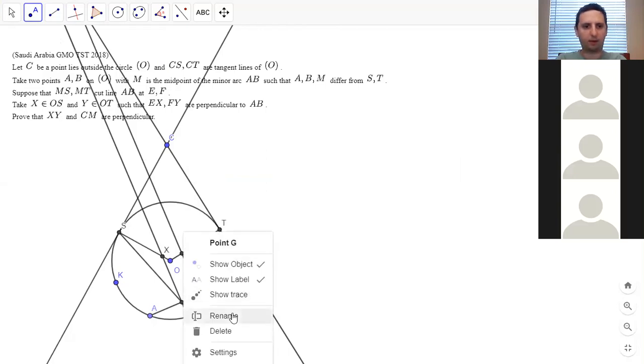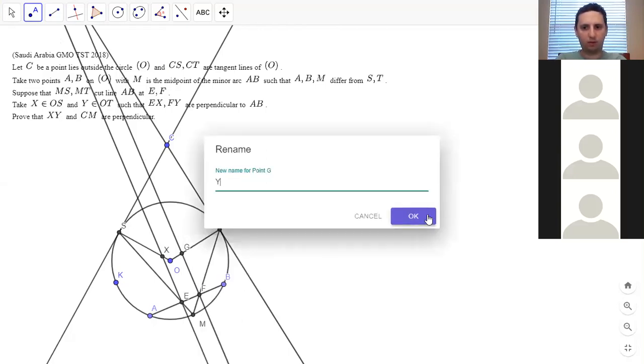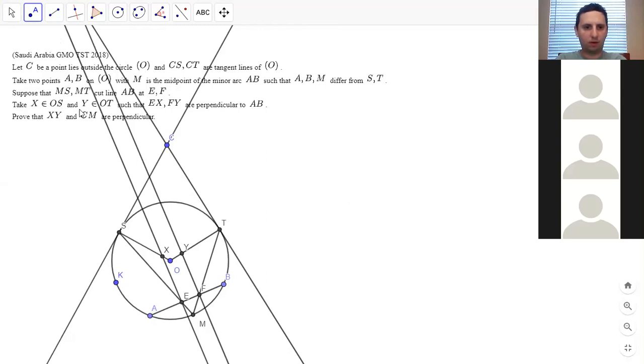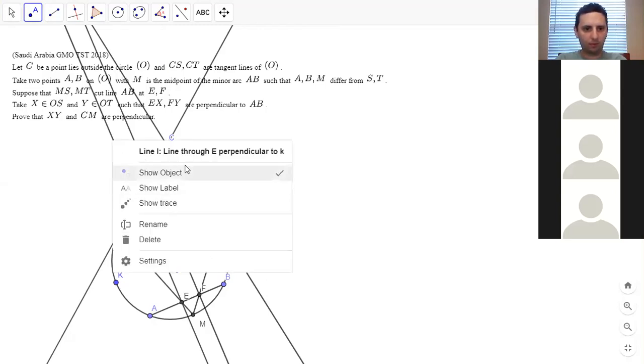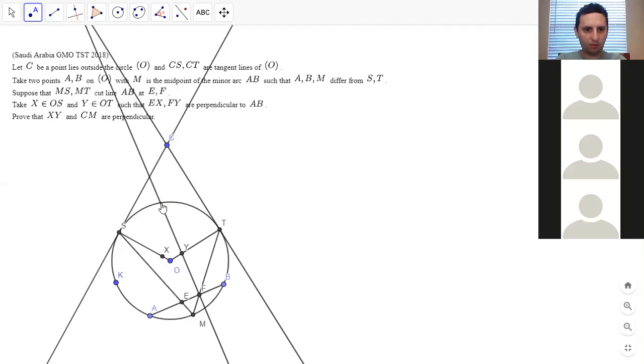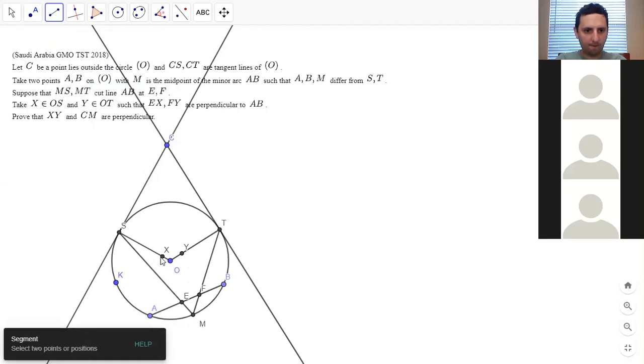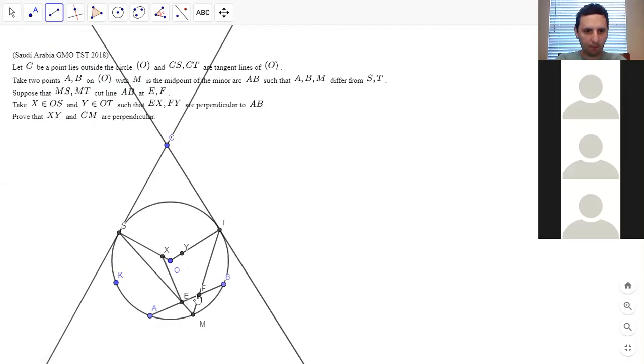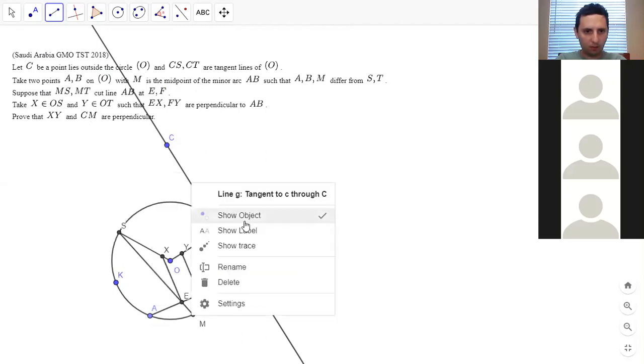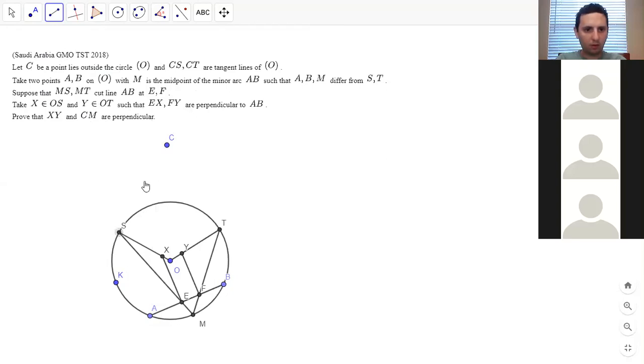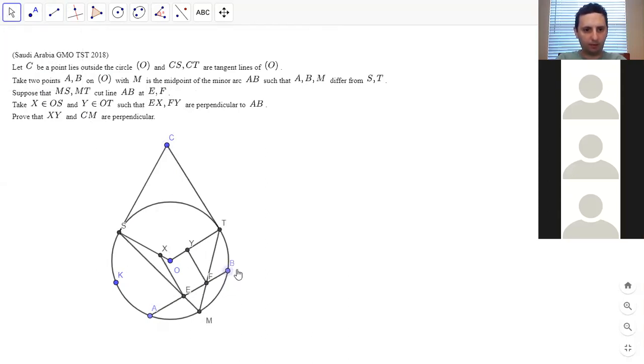This looks like a good problem, actually. All right, so let me try to make the best diagram that I can.